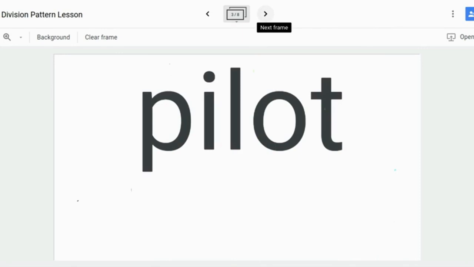In our next word, again, I'm going to label my vowels and then the consonant in the center. So this is a VCV word. Now, in a VCV word, you can either divide before or after the consonant. And depending on where you divide the word, it changes the vowel sound.